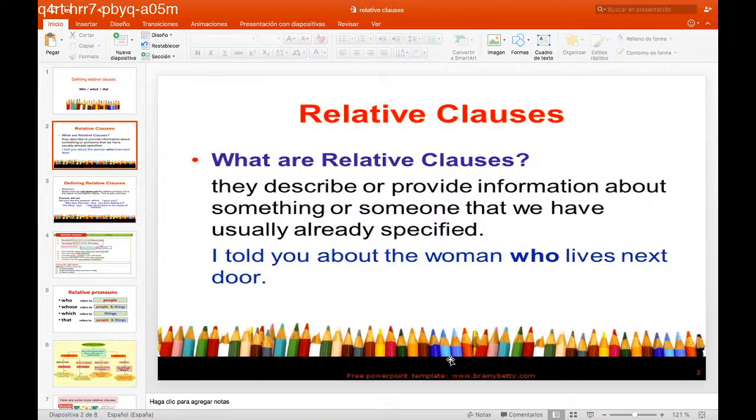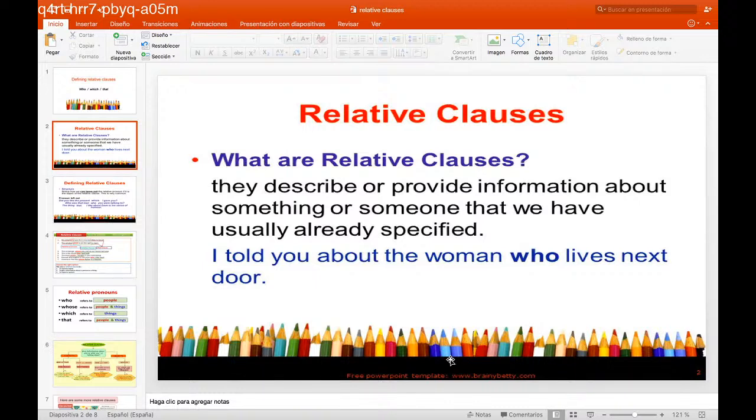So first of all, what is the function of relative clauses or relative pronouns? The function of relative clauses is to join two sentences into just one sentence, but avoiding repetition.